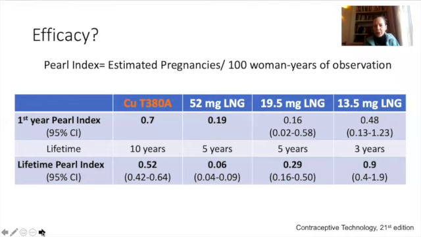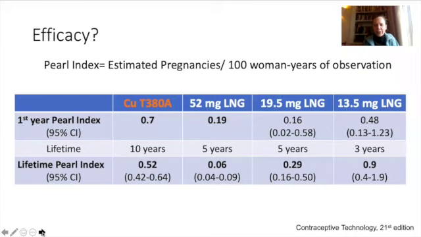For the lower dose levonorgestrel IUDs, the first year Pearl Index is within the same 95% confidence interval, so not significantly different than the 52 milligram levonorgestrel IUD, but maybe a whiff that the 13.5 milligram levonorgestrel IUD would be less effective, as the point estimate is 0.48 compared to that 0.19. So again, the 95% confidence interval does include that 0.19.